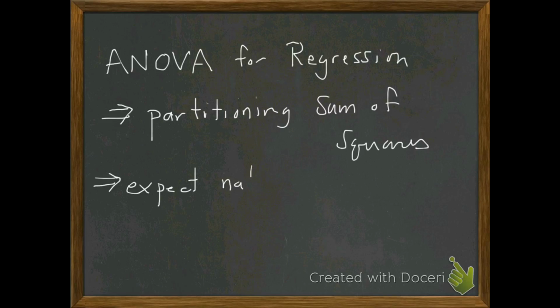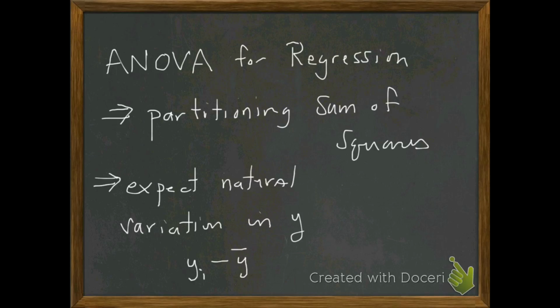So, guys, we expect natural variation in y. And the way that we've examined that variation in y is to simply take a look, that's a yi, by the way, at the differences in the values and the means.